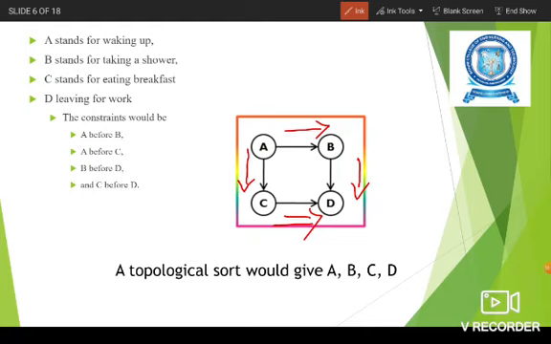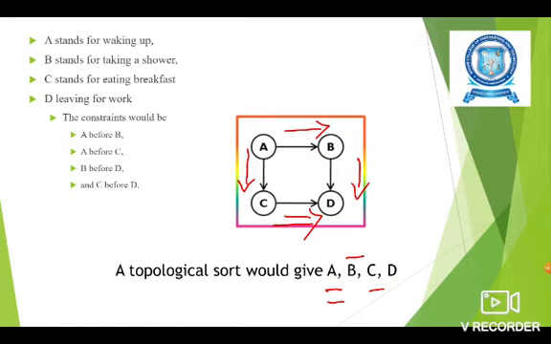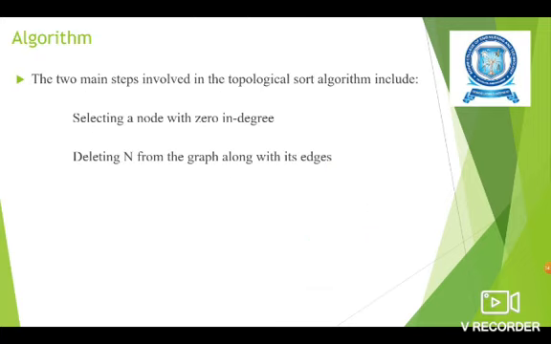A is occurring before B and A is occurring before C. B is occurring before D and C is occurring before D. So it satisfies all 4 constraints. So it is one example of a topological order.